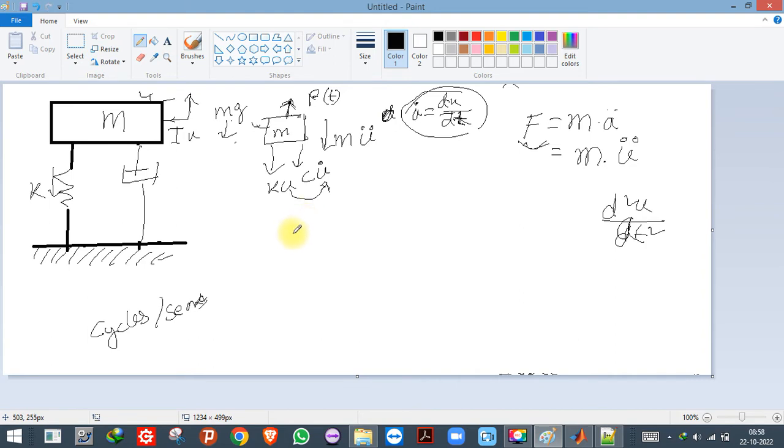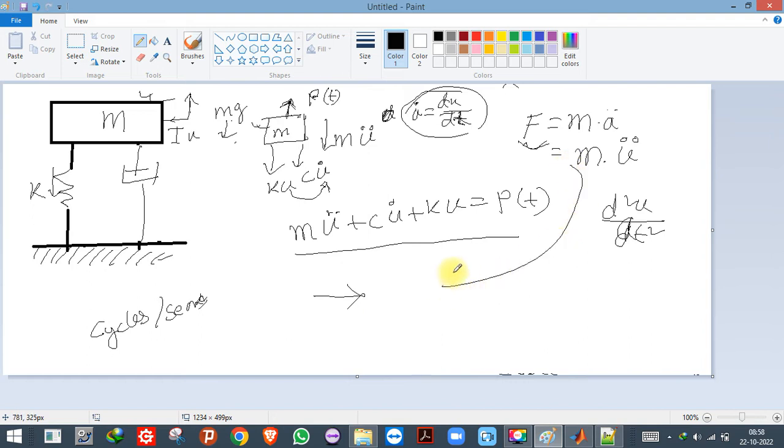If you write the equilibrium equation, it becomes m u double dot plus c u dot plus k u equal to p of t. This is the basic equation of motion.